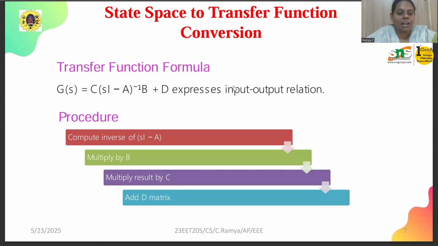And we have certain procedures that we are going to discuss now: compute sI minus A, take its inverse, then multiply it with B, then multiply with C, and finally add the D component. This helps bridge the gap between classical and modern techniques.